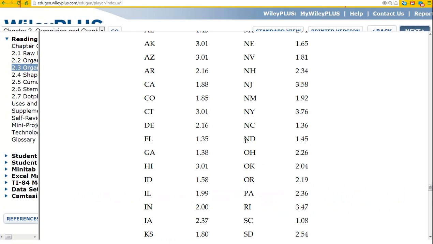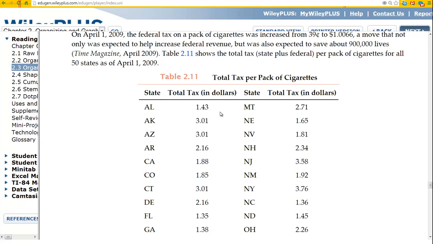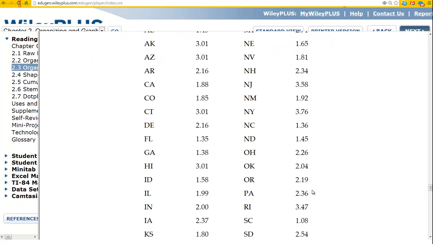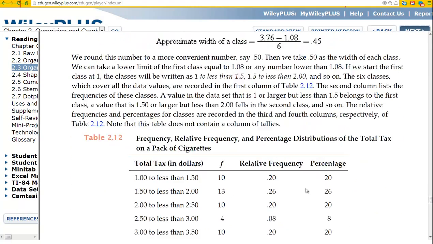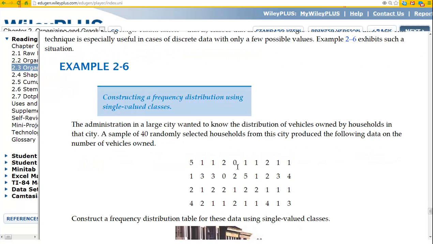For one thing, here we can get many different numbers, whereas here we basically only have numbers between 0 and 5. And we don't get fractional values here, right? We don't have 1.2, 1.3. You don't have 1.2 vehicles in your family.